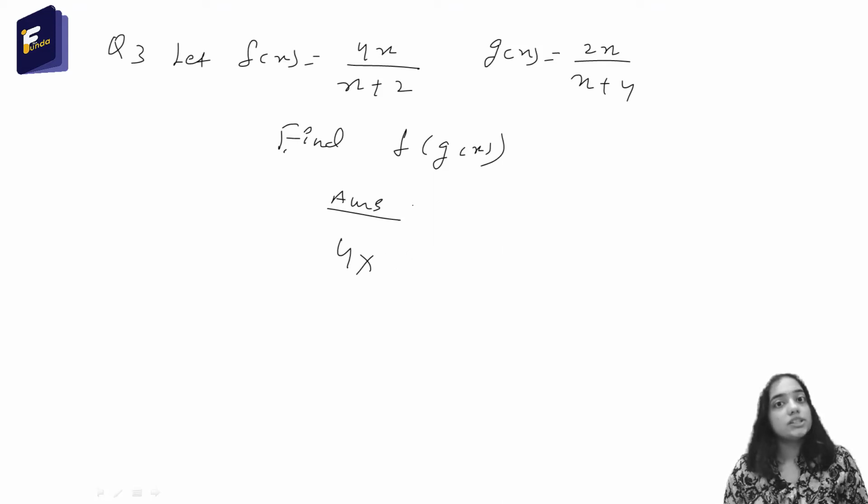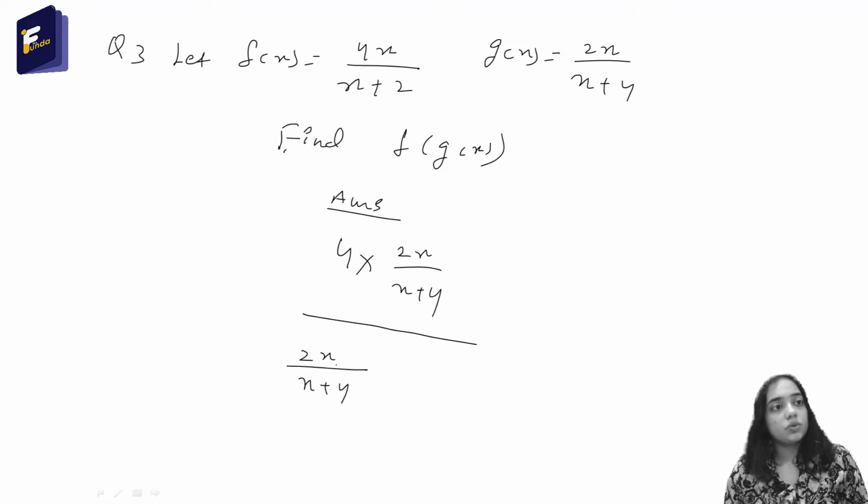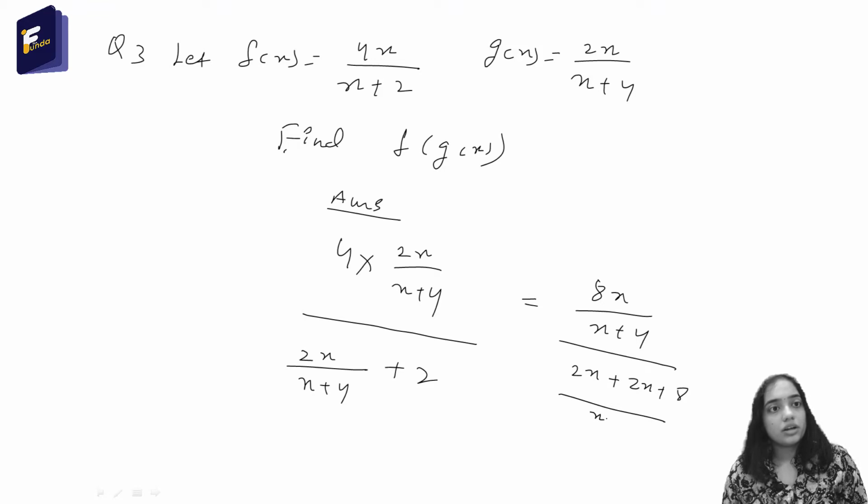Because this is the output we are getting and we are again putting the output inside the function f of x. So it will be 2x by x plus 4 into 2x by x plus 4 by 2x by x plus 4 plus 2. So it will be 8x by x plus 4 by 2x plus 2x plus 8 by x plus 4.